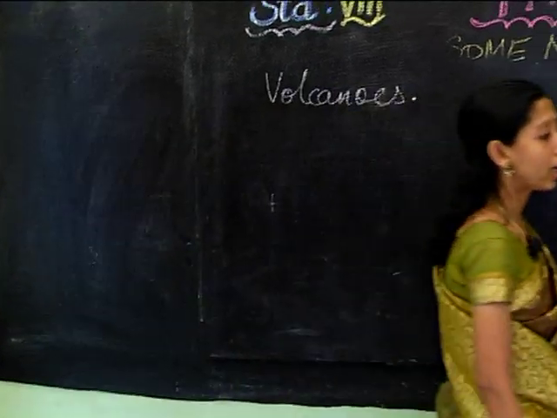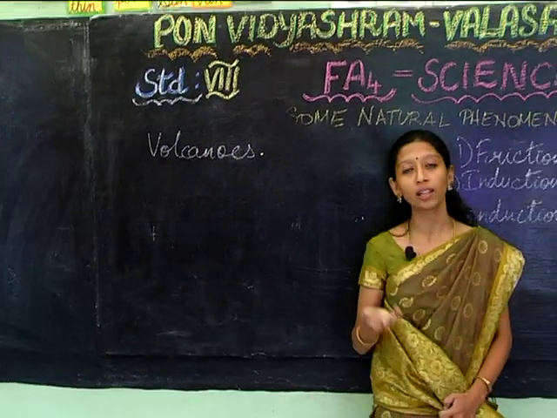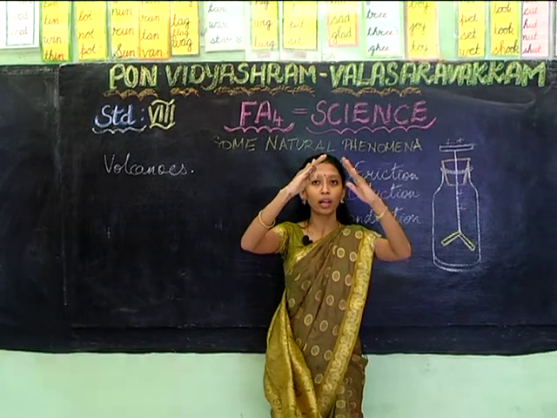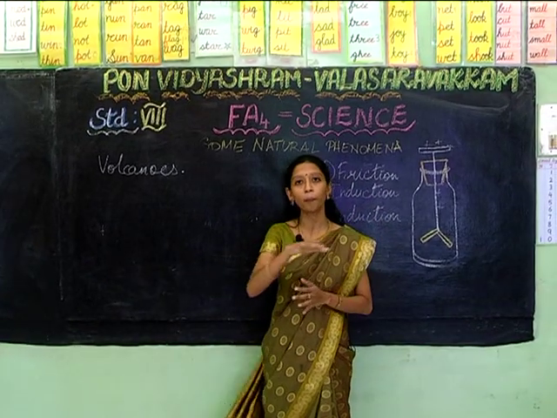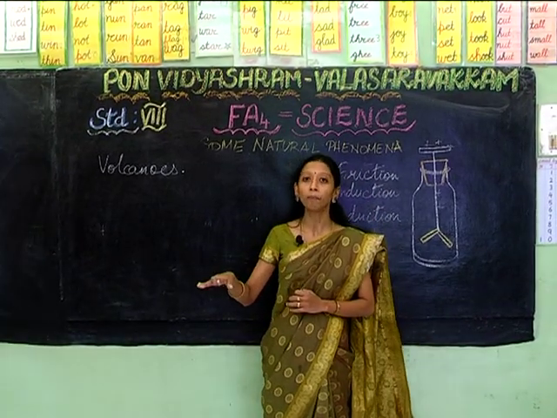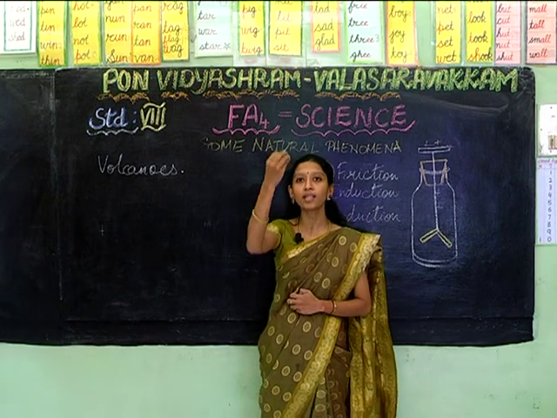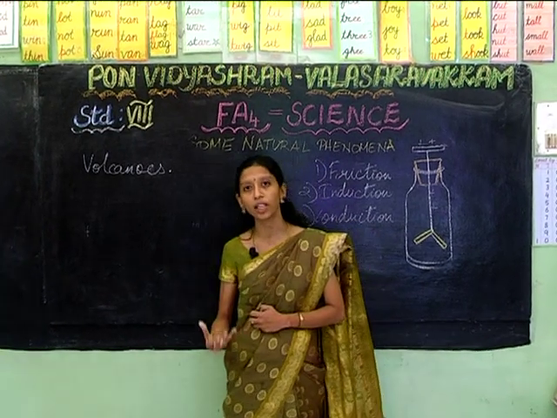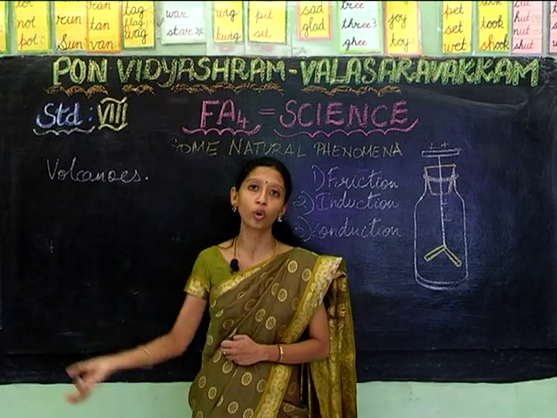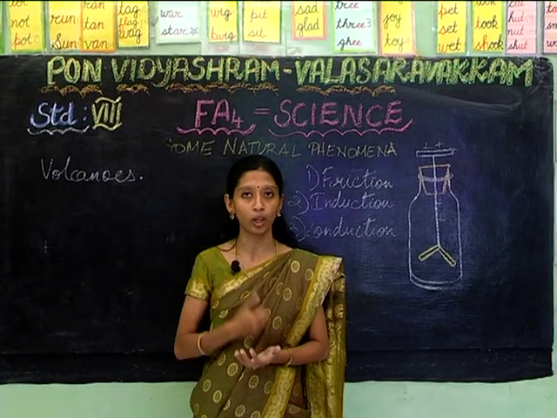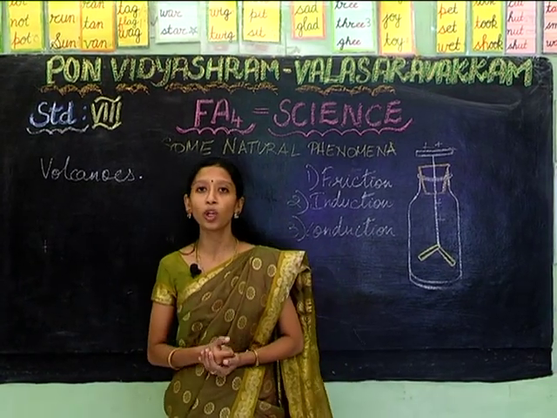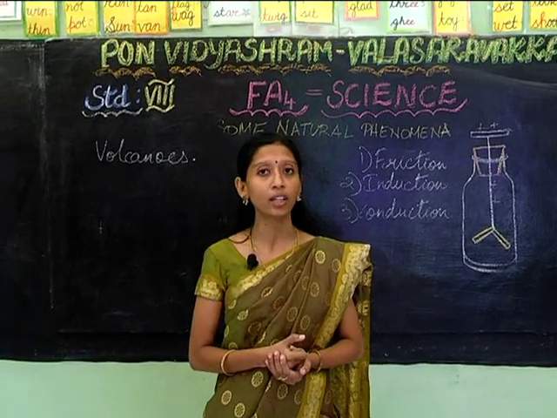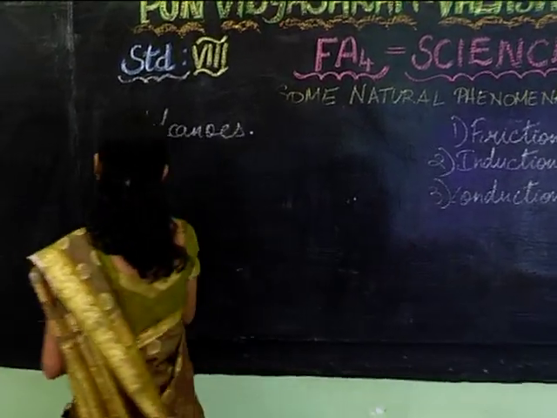When compared to other surfaces of the earth, mountains are narrow, so they are very weak zones when compared to the plateaus or plain surfaces. Through these cracks, the molten lava which is deep inside the earth is pushed out of the mountains, called volcanoes.